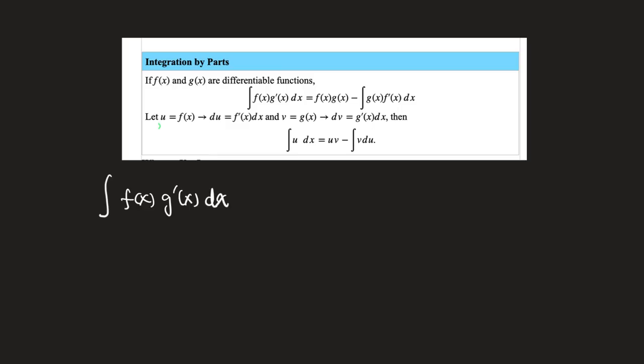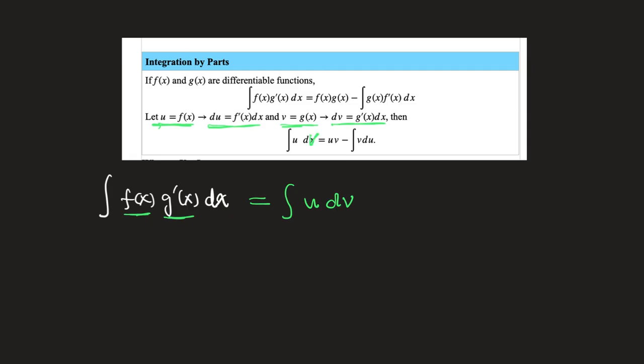Now you're going to see it: f(x) is u, f prime x dx is du, g(x) is v, and g prime x dx is dv. So f(x) is u, and g prime x dx is dv. That's how you change it.